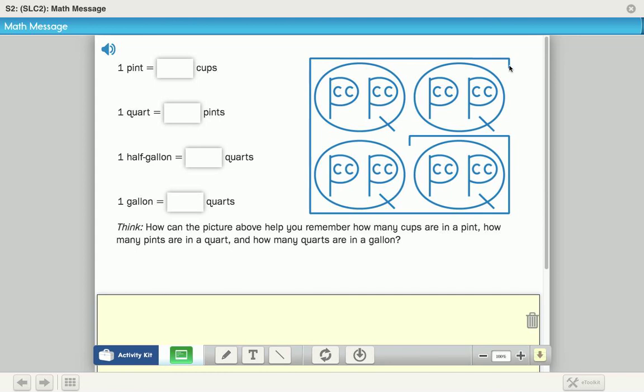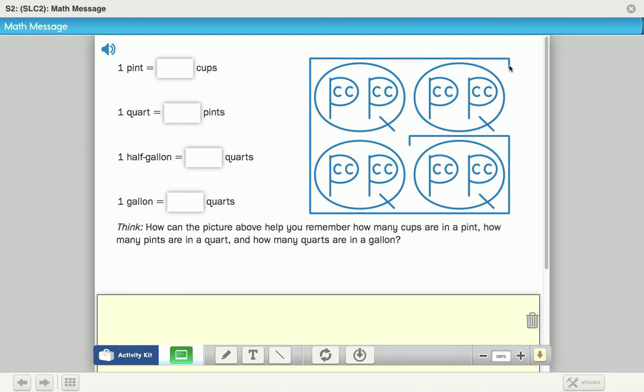So if you look at the drawing, this is a big G, goes all the way around the outside. And then we have 4 Q's in the inside. Each Q is filled with 2 P's, and then each P is filled with 2 C's.